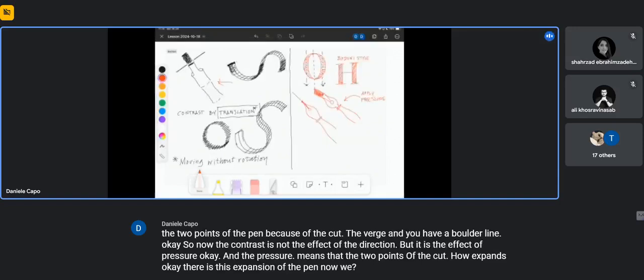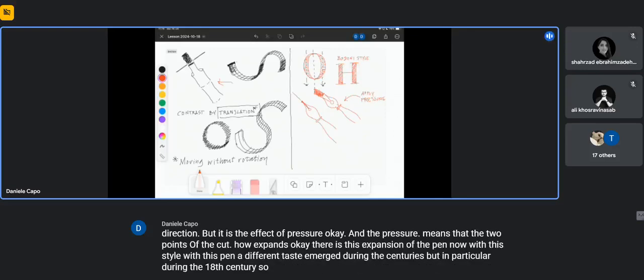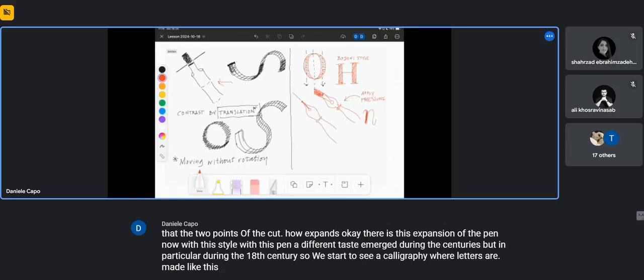Now, with this style, with this pen, a different taste emerged during the centuries, but in particular during the 18th century. So we start to see calligraphy where letters are made like this.